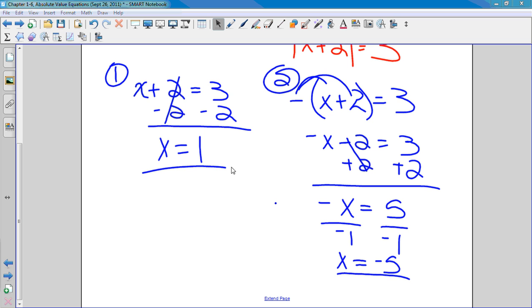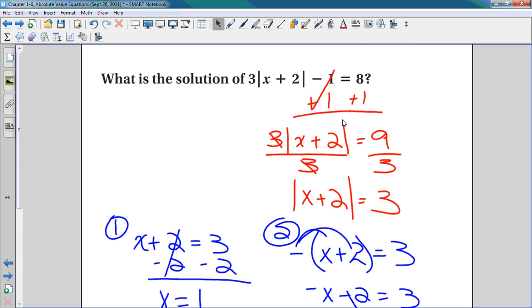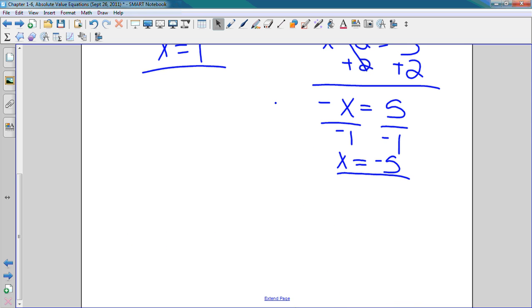All right, now we have to check our solutions. So I have to go back up to the original problem, 3 times the absolute value of x plus 2 minus 1 equals 8. So check number 1, 3 times the absolute value of 1 plus 2 minus 1 equals 8, is that right?